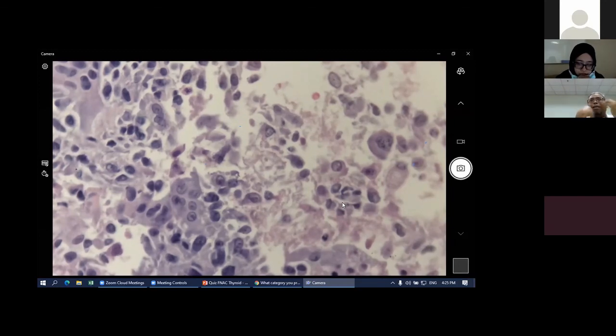Because in my center, they basically do not listen too much to our Bethesda category, but evidently when we put it as AUS or FLUS, well, basically AUS, they would just do a lobectomy if there's no lymph node, because they don't want to waste time.